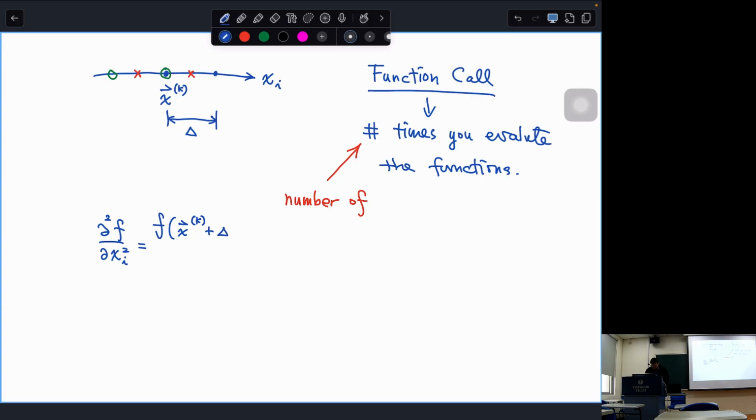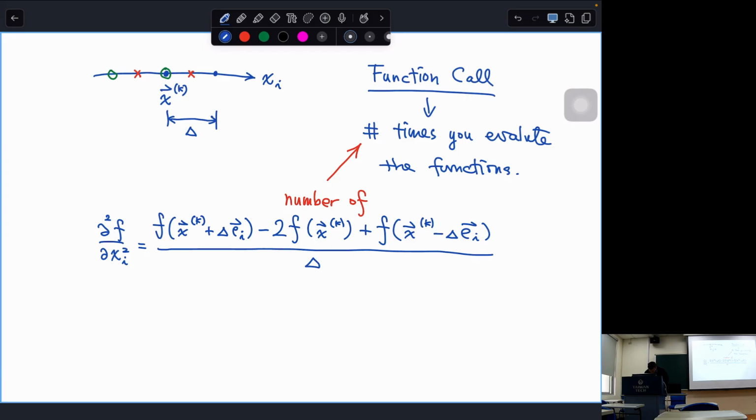You have your small increment on the ith dimension minus 2 times the function value at the current position plus the function value at minus ei, divided by delta squared.